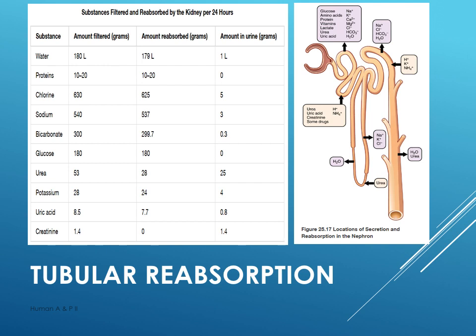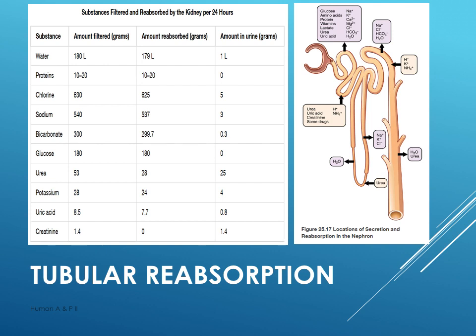Here's the distal convoluted tubule. Here's the descending part of the nephron loop. Here's the ascending part. And this structure here is the collecting duct, and it shows we're doing some reabsorption there. I should also mention these yellow boxes, which show secretion into the tubes.